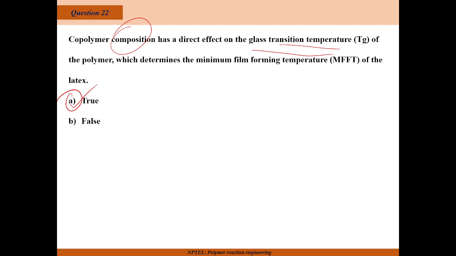Okay, so basically that would be affected by the glass transition temperature, right? If it is very brittle in nature, then a proper film may not be able to form, because we are forming a very thin film. If the material is flexible in nature, there is a higher chance of forming films of that material.